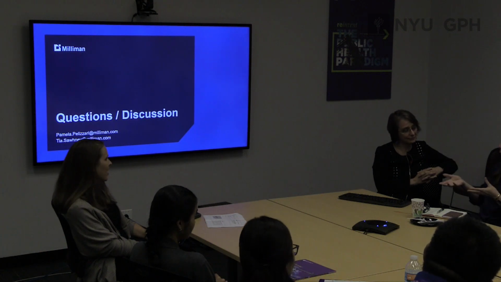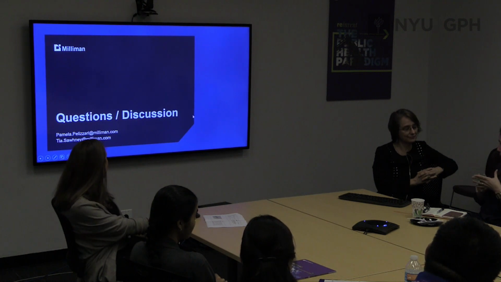I have a question. I don't know if I can. Of course. If I understand completely about the example of colonoscopy, the Milliman were hired to do the cost of the two procedures.